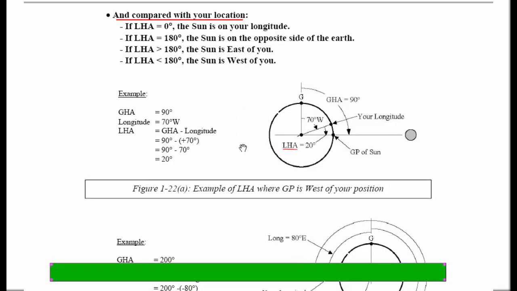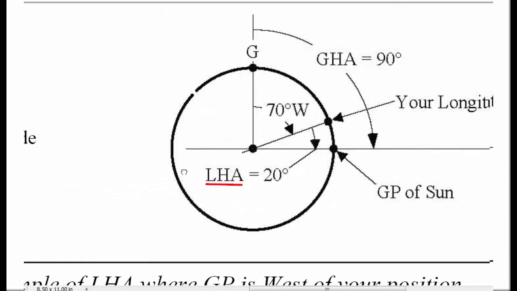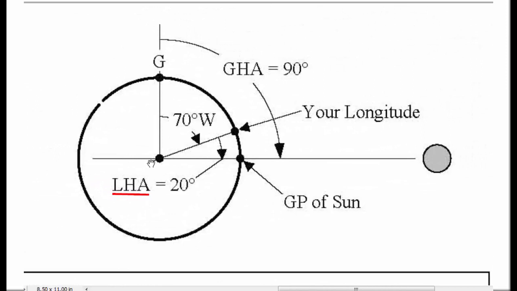So when I look at this diagram on the right here, I see the Earth. I'm looking down from the North Pole. Over here I have Greenwich, and Western Hemisphere is going this direction. And for this example, the GHA is 90 degrees to the sun's GP. Our position, our longitude, is 70 degrees to the west.